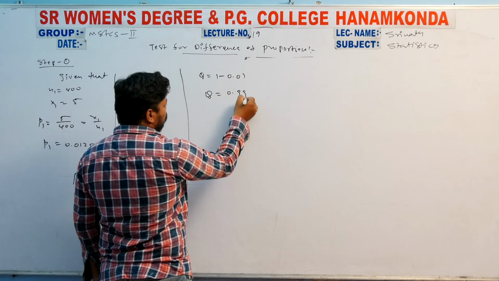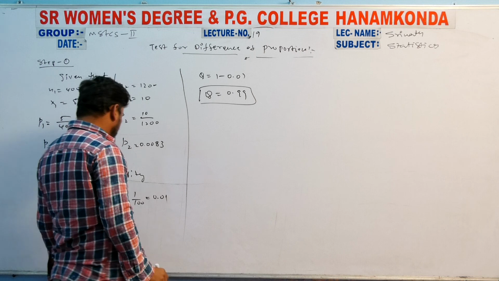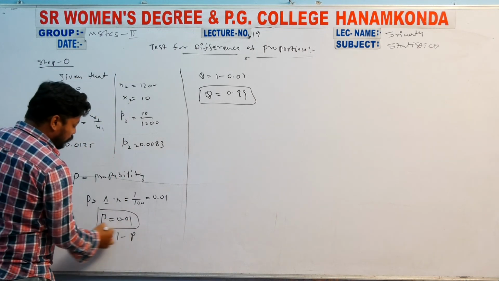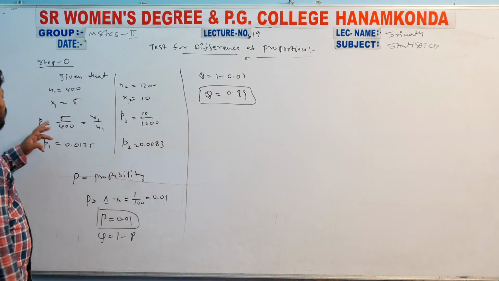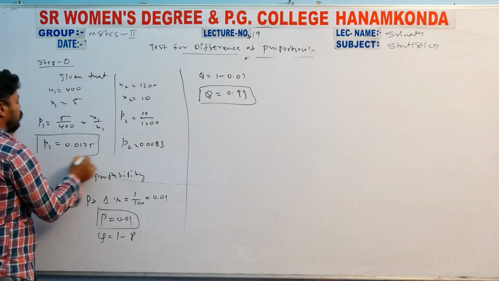The capital P and capital Q values are known, and the proportion values are also known.